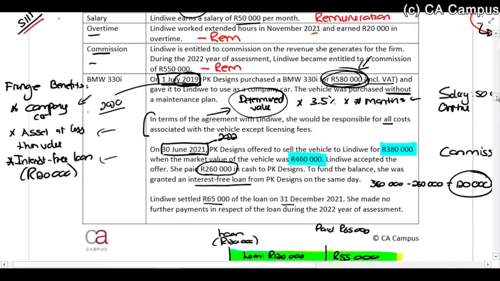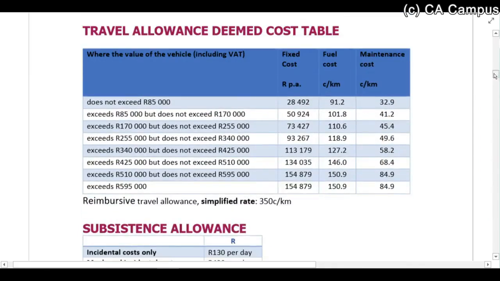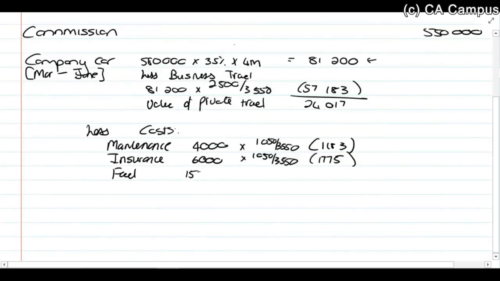In our case, it's just 580,000. So we have to go and find it in our travel allowance table, 580,000. Sorry, it's here. And that's 150.9 cents. So we multiply that by our private kilometers. Remember guys, that's cents, so you have to divide it by 100 to get rands amount.